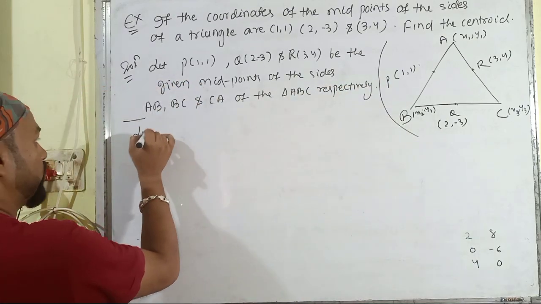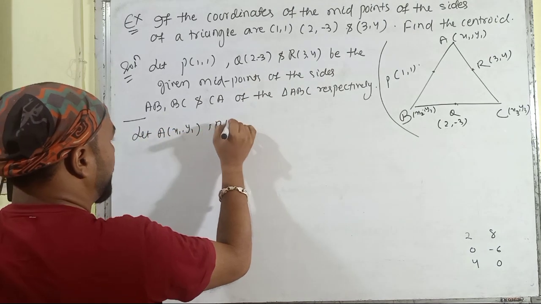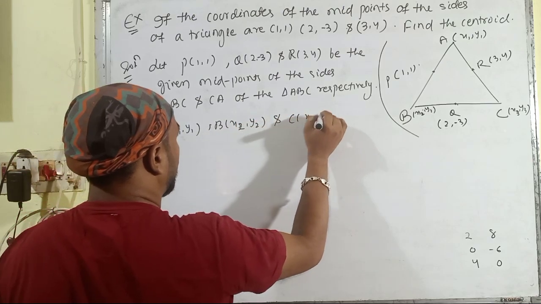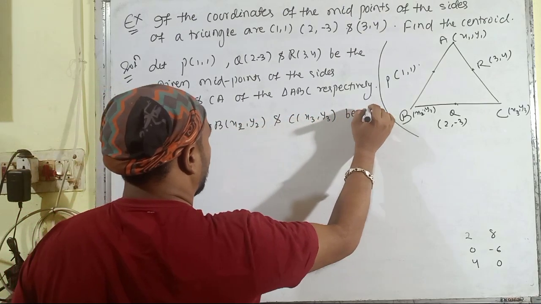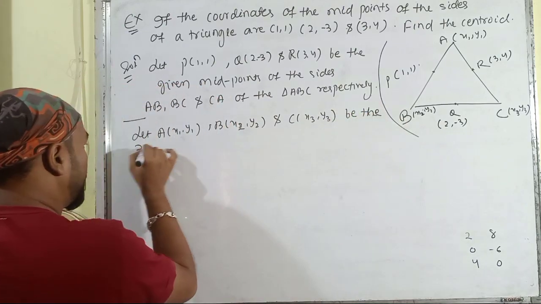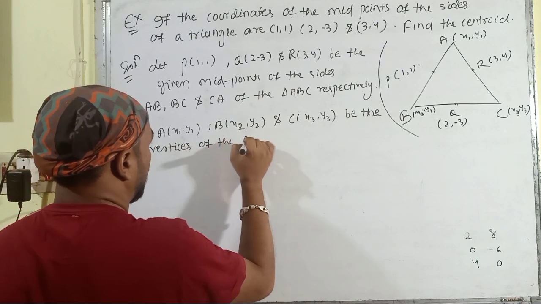Then again we have to consider, let A(x1, y1), B(x2, y2) and C(x3, y3) be the three vertices of the triangle ABC.